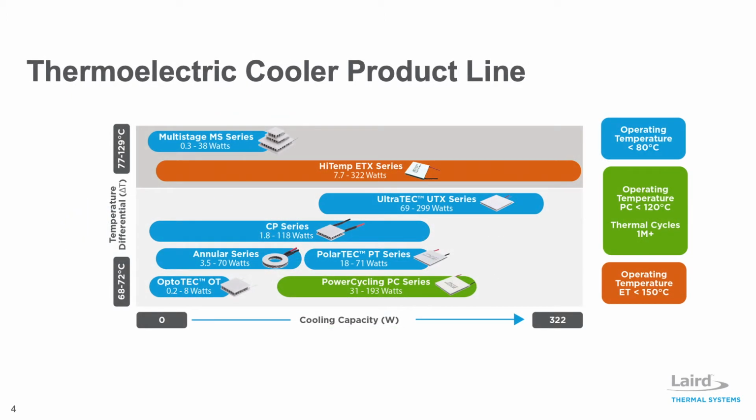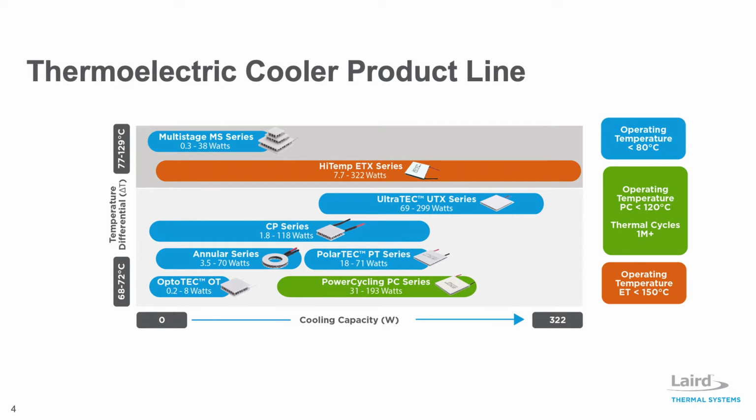Laird Thermal Systems offers a diverse product portfolio of thermoelectric coolers with a range of cooling capacities in operating temperatures up to 150 degrees C. The low cooling capacity spectrum ranges from milliwatts to 10 watts, the medium spectrum from 10 to 100 watts, and the high spectrum from 100 to 300 plus watts.